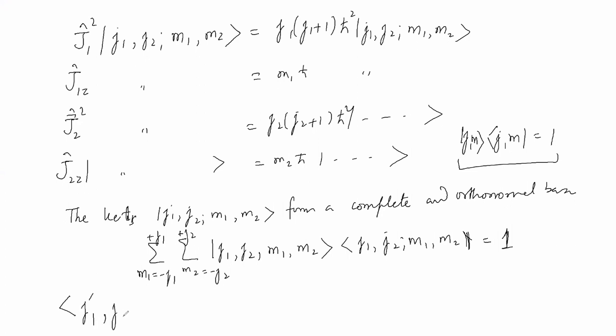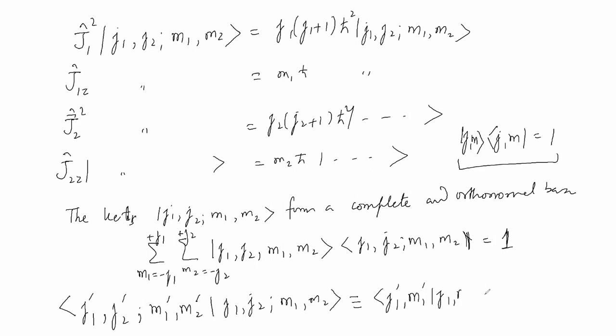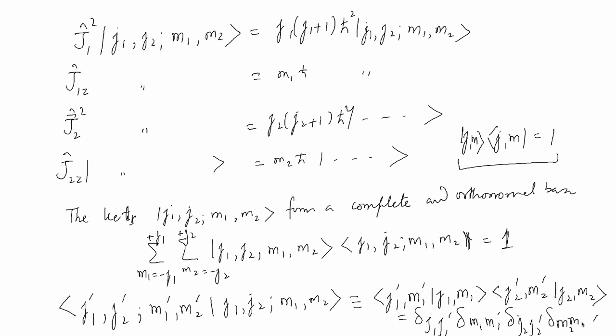To ensure orthogonality, what will we say? We will say that ⟨J1 prime, J2 prime, M1 prime, M2 prime|J1, J2, M1, M2⟩, which is equivalent to ⟨J1 prime, M1 prime|J1, M1⟩⟨J2 prime, M2 prime|J2, M2⟩, should be equal to delta J1 J1 prime, delta M1 M1 prime, delta J2 J2 prime, delta M2 M2 prime.